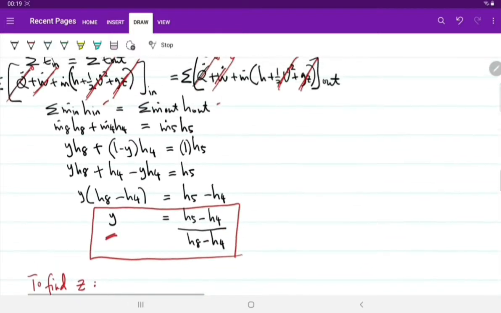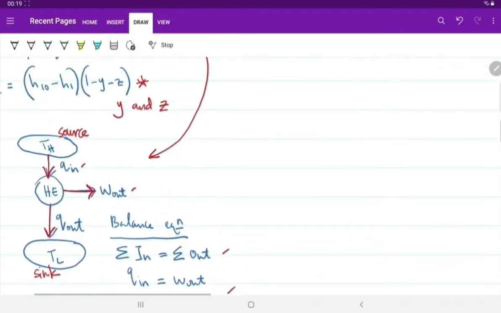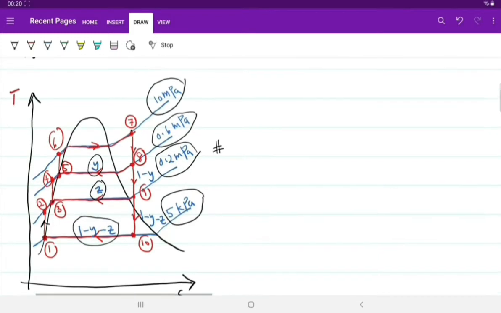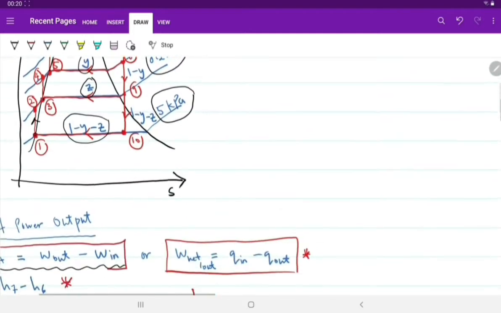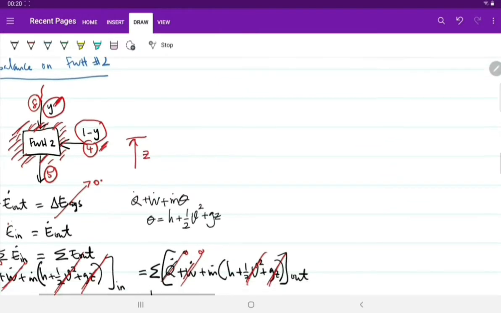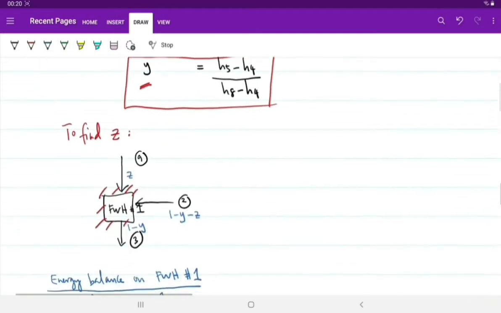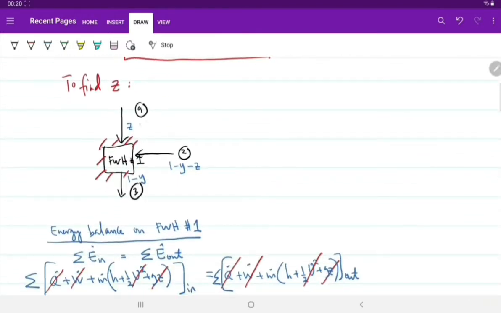So if we look at feed water heater number 1, here you have Z mass fraction coming in at point number 9, and then 2 coming in with the mass fraction of 1 minus Y minus Z, and then 3 coming out with a fraction of 1 minus Y. So you can translate that into a simple illustration here. Okay, this is point number 9 here.